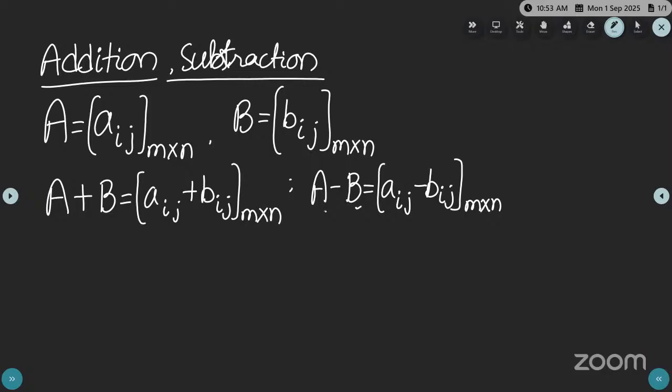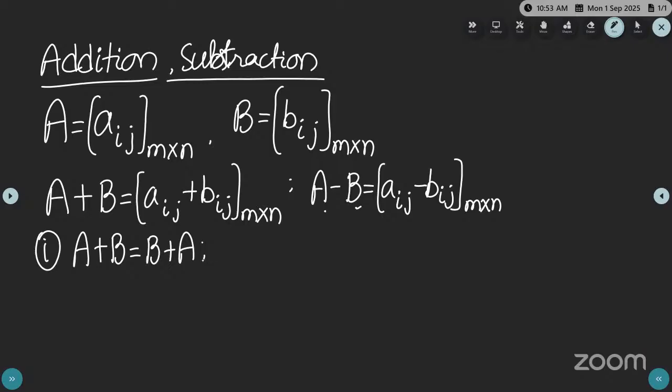Right. Next, let us write some properties. A plus B equal to B plus A. Addition of matrices is commutative.